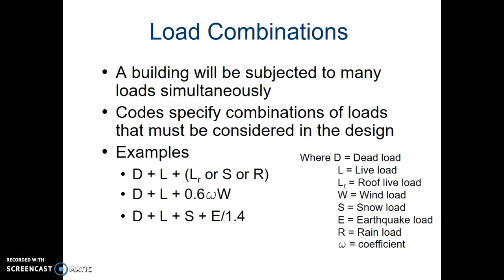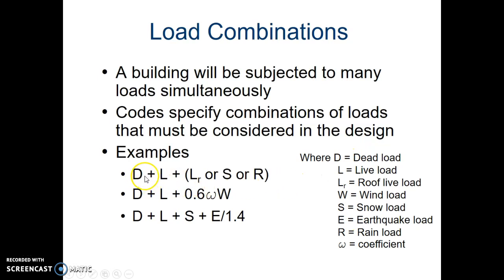Now, here we go. These are different load combinations. A building will be subjected to many different loads simultaneously, and codes specify combinations of loads that have to be considered in design. So here's the legend over here for what all these letters mean.